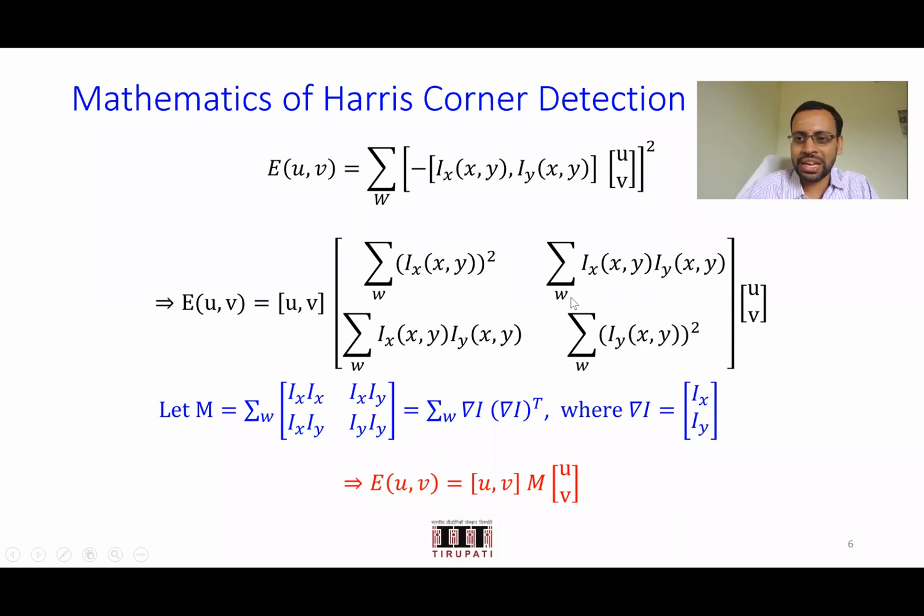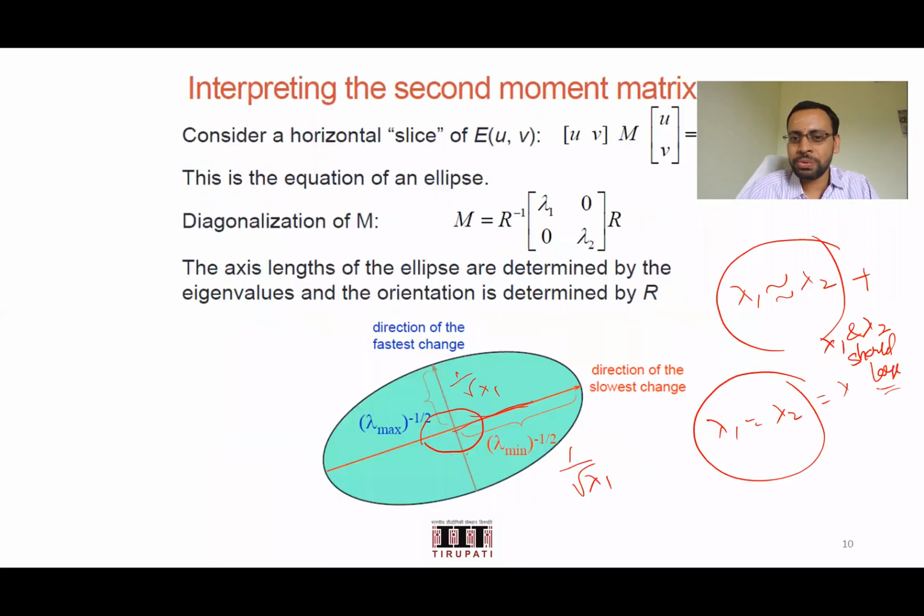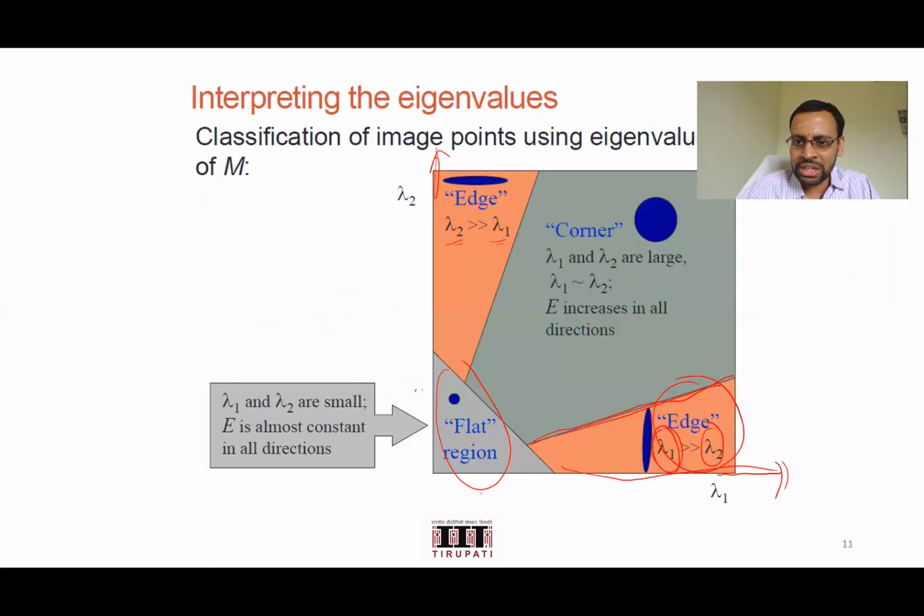You compute the eigenvalues for it, you get lambda 1 and lambda 2. If both of them are large and of somewhat similar magnitude, this is again a relative term, don't worry about absolute values there, then your E is going to increase in all directions. And now just by calculating this matrix and looking at the eigenvalues, you would be able to say whether it's a good key point or not.